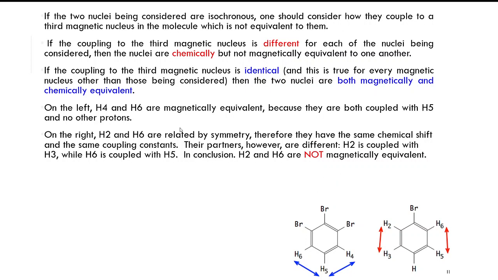You see here the H4 and H6. They are magnetically equivalent because they have the same neighbor, H5. But H2 and H6 are related via symmetry, so they will have the same chemical shift and the same coupling constant.